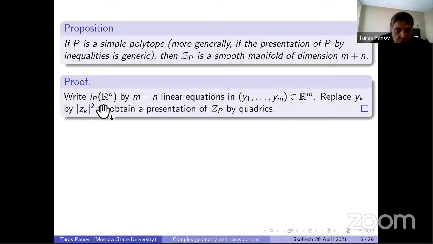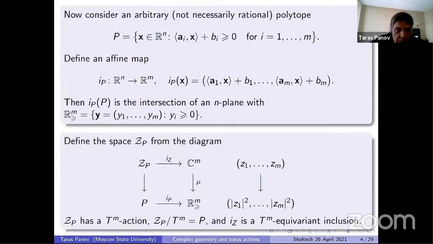So what you need to do is, sorry, I need to flip back. You have an n-dimensional plane in m-dimensional space, which is defined parametrically, and you need to write it down by equations. This is Gale duality, solving a system of linear equations. By solving this system, you can write down this n-dimensional plane by m minus n equations.